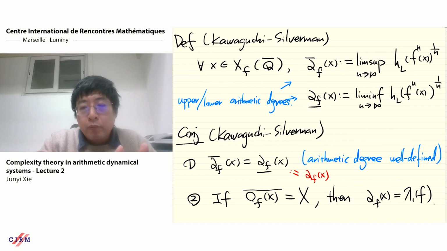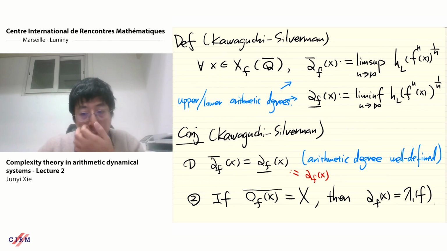You apply this conjecture for this closure, and you can still get alpha_f(x) equal to lambda_1 of the restriction of f on this Zariski closure. So it's still an algebraic invariant. Okay.